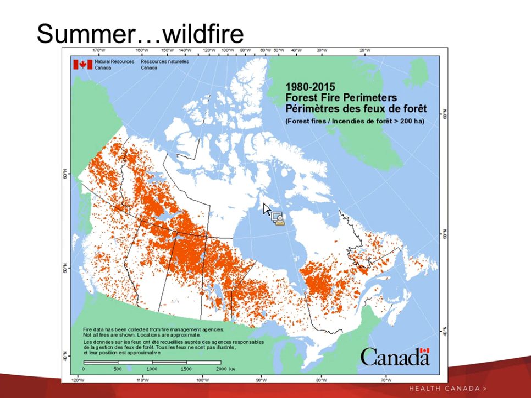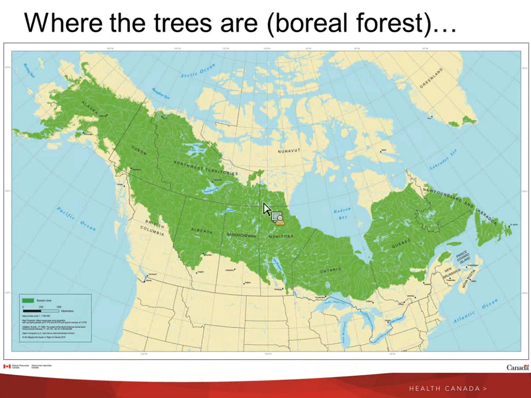So it's a relatively small number of fires, but accounts for the most damage, sort of like the income or wealth distribution. And basically no surprise that the locations of these fires mostly corresponds to where the fuel is or where the trees are. In other words, the location of the boreal forest.